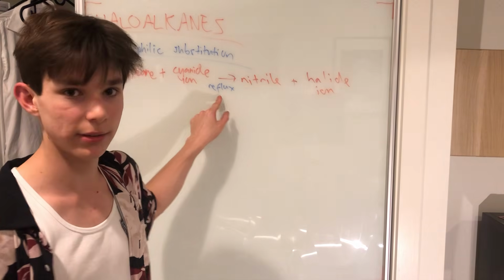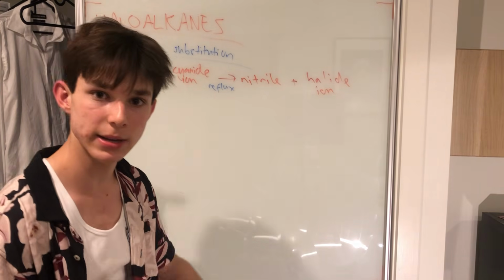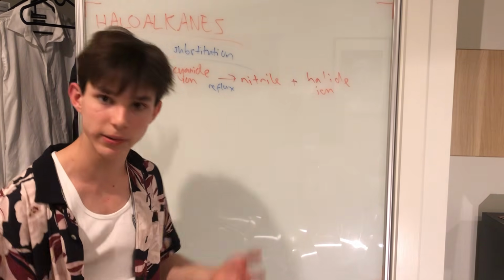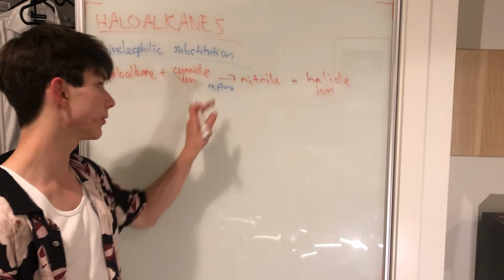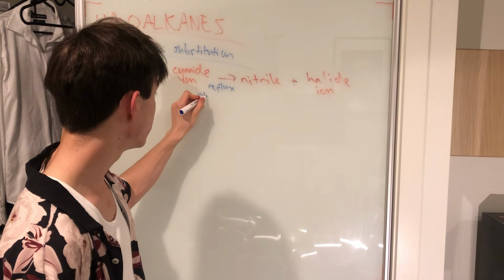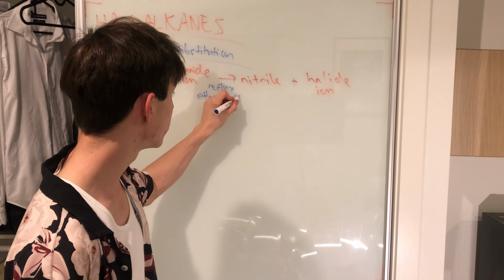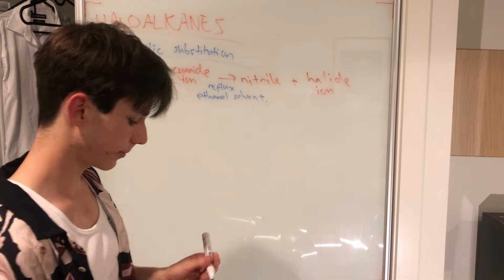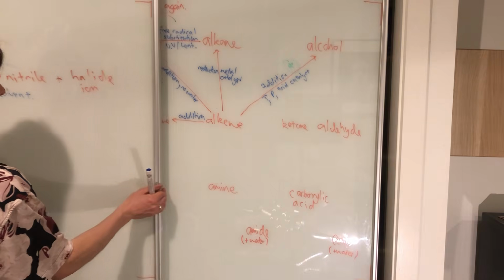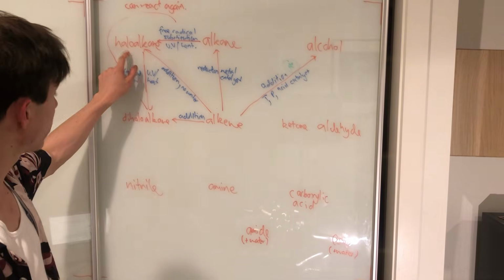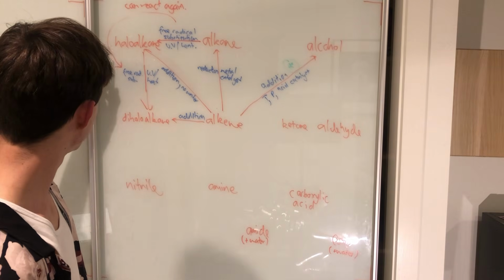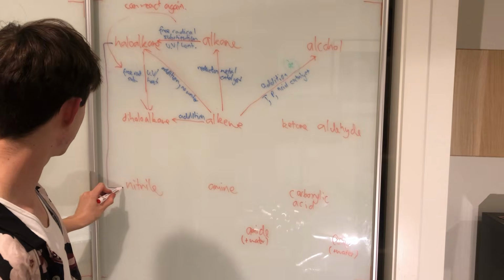So reflux conditions, in other words, it's the constant transition from liquid to gas, back to liquid to gas, back to liquid to gas. That's reflux conditions. So you need that, yeah. And you also need an ethanol solvent. Yeah. So let's put that on the big picture. By going from a haloalkane to a nitrile, so big arrow, haloalkane to nitrile.